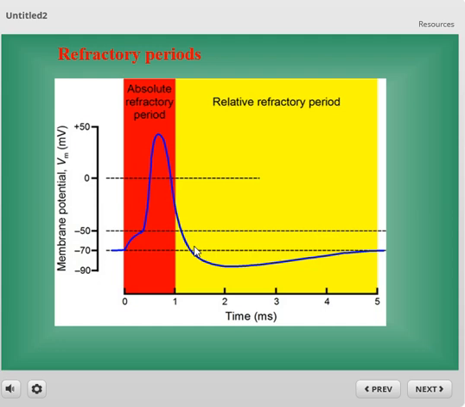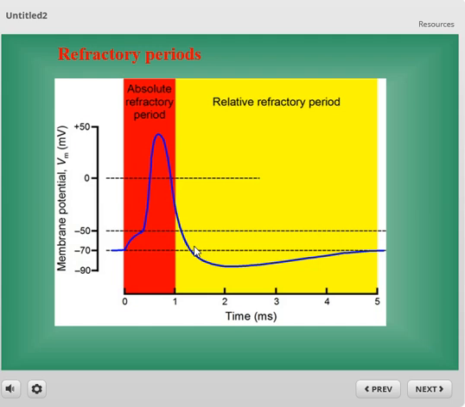This period lasts longer than the absolute refractory period, typically several milliseconds to a few hundred milliseconds, depending on the type of neuron and its conditions.